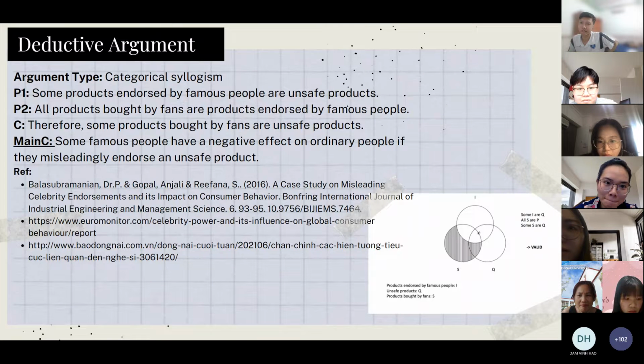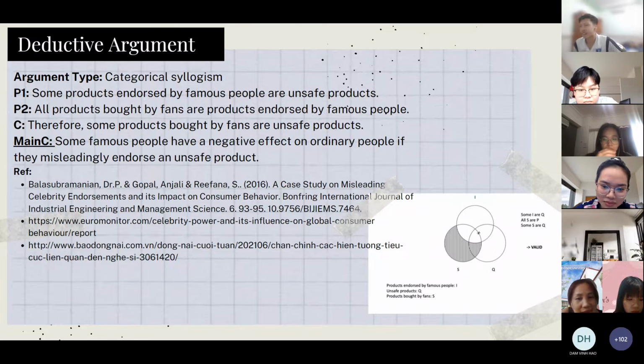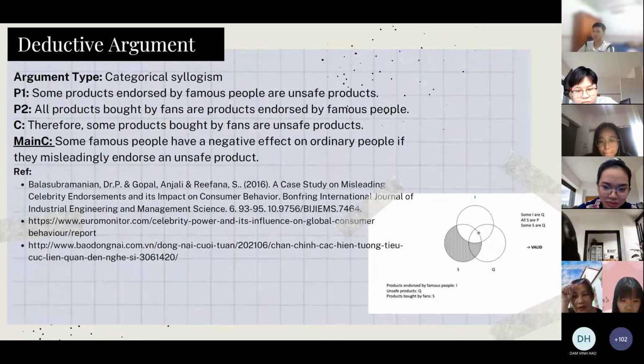First of all, the mistake is whether it is a P or the I in the symbolic form. Yes, it's a P. I think the one who drew it cannot see my handwriting, so she wrote I. Even if it is P or I, I know that finally this is the correct drawing, but whether it's a valid or invalid argument. The conclusion is some S are Q. Are you sure it is valid?